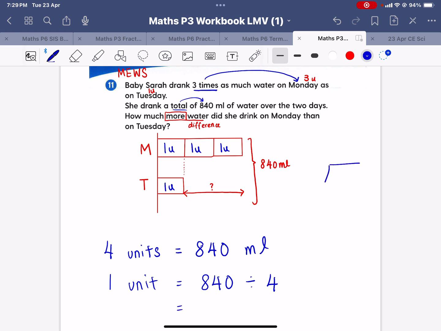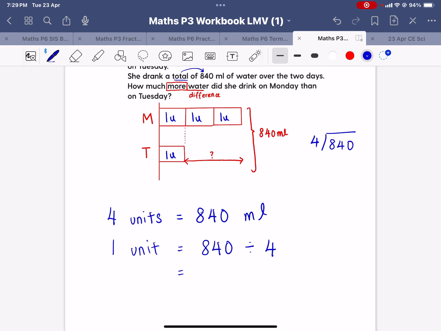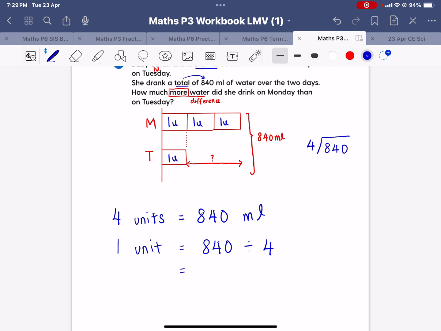Now this is where your division skill comes in. We'll see if you remember how to do your long division over here. Of course, we do not end here. Remember, we are interested to see how much this 2 units difference is.